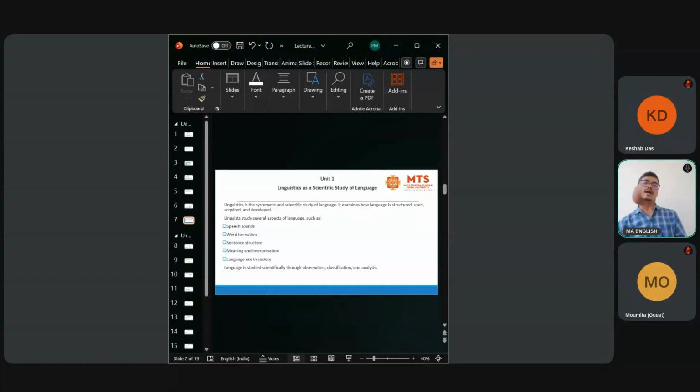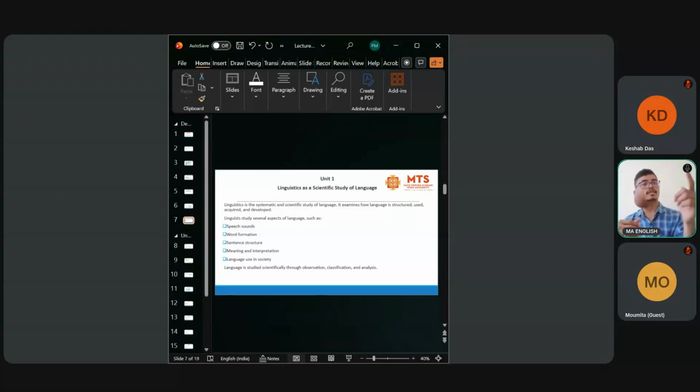Now, think about this for a moment. Language is something that every human being uses every single day. Yet most people have never stopped to think about how it works. A linguist is someone who asks these questions seriously and answers them with what? Evidence and method. Remember, evidence and method.